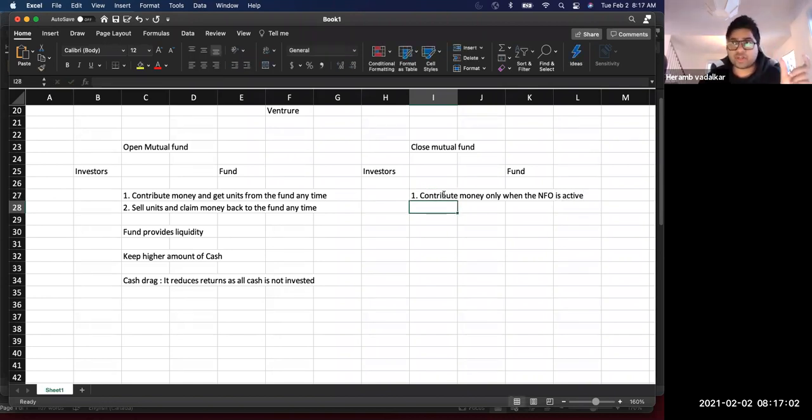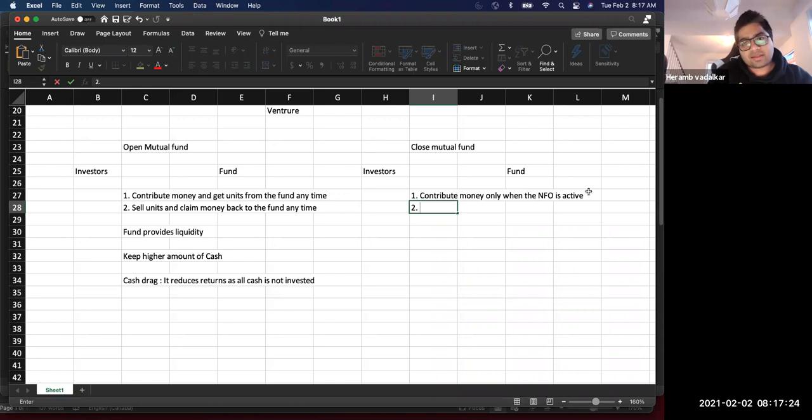So there is a window at the start of the mutual fund when investors can contribute their money. After that period ends, the fund stops taking any new investments.